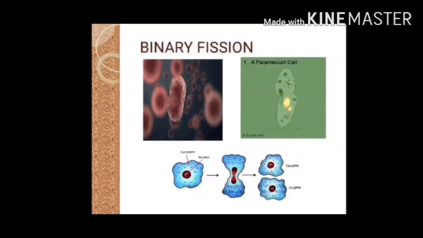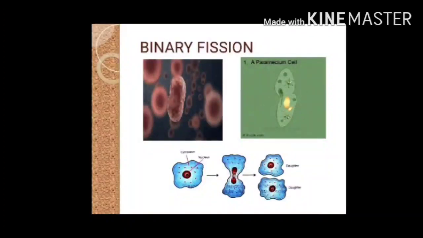In that example, the parent cell divides into many parts. Remember this one. In fission, either the parent cell divides into two parts or it divides into many parts. Whenever it divides into two parts, it is known as binary fission. Bi means two.